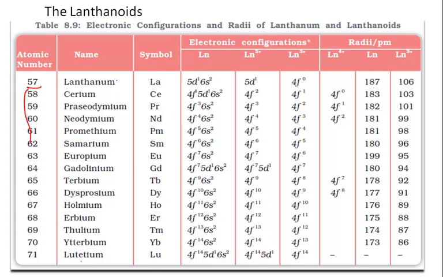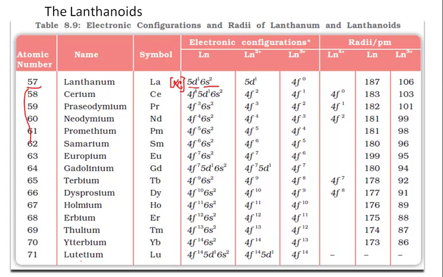So the first element is lanthanum. As you can see, the electronic configuration in ground state doesn't contain the F subshell. All this follows after xenon. Xenon has atomic number 54, so in square bracket xenon will be there, right? Following xenon, 5d1 and 6s2 will be the electronic configuration.